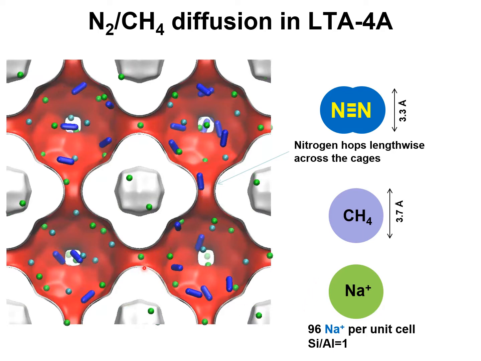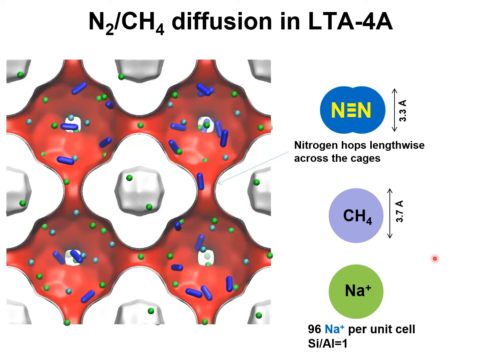You will also note when you observe the simulations that the green-colored spheres, that is the cations, act like goalkeepers in a soccer match, trying to prevent the intercage hopping of guest molecules.